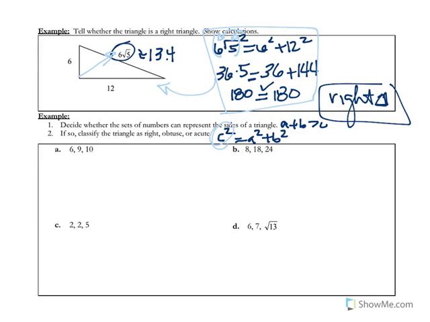So I'm going to look at this first example, and I'm going to do, okay, what's 6 plus 9? Is that greater than 10? Well, 6 plus 9 is 15, so indeed that is greater than 10, so I'm good to keep going.